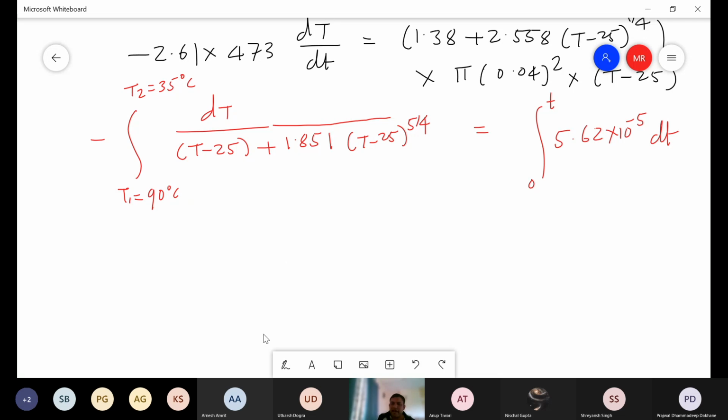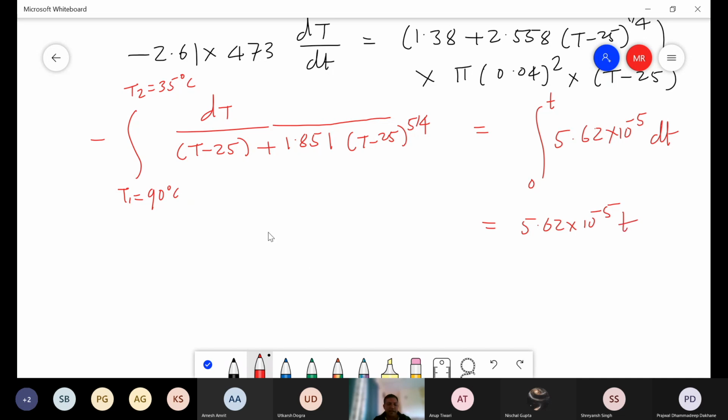The right hand side you will get directly, 5.62 into 10 raised to power minus 5 t. This is what you are going to get. What will be the left hand side? Then rearrange and calculate the value of t.